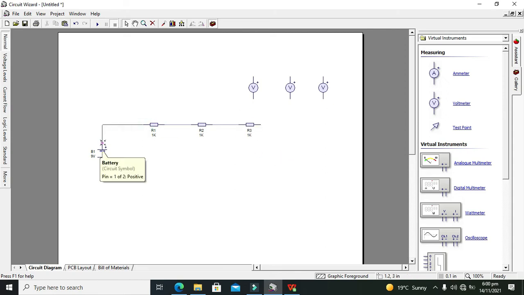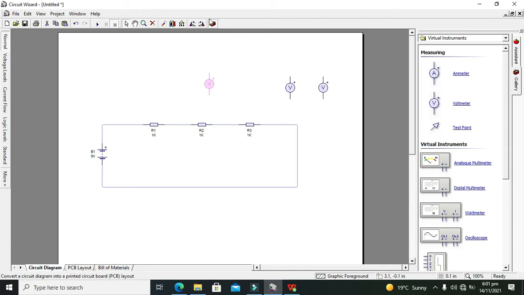Now we need to connect them. What about the voltmeters? We have to connect them in such a way that all the voltmeters must be connected in parallel so that we can measure the voltages.